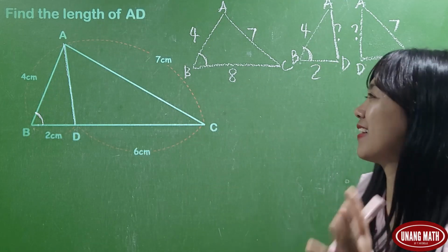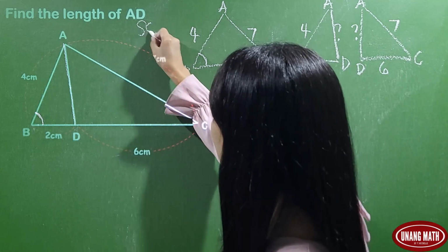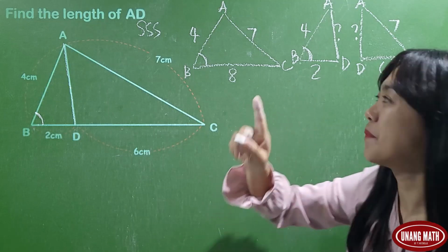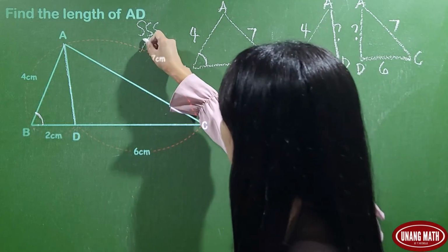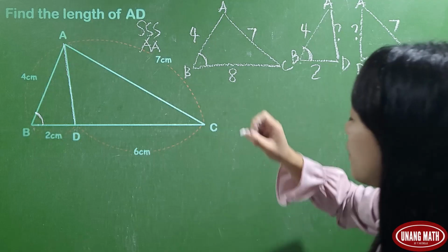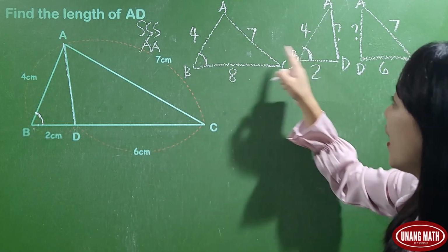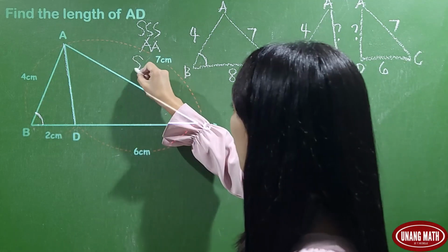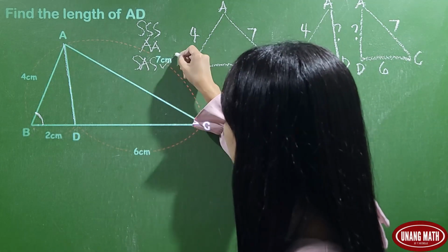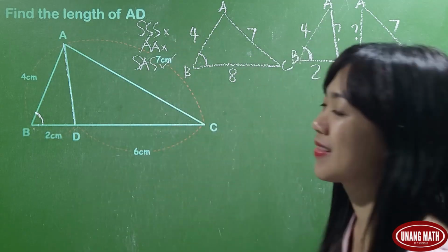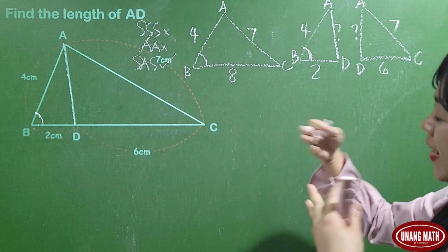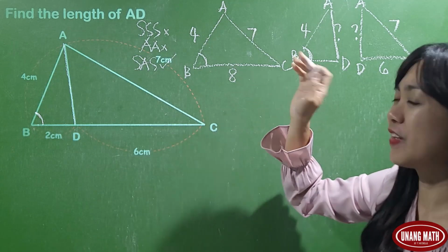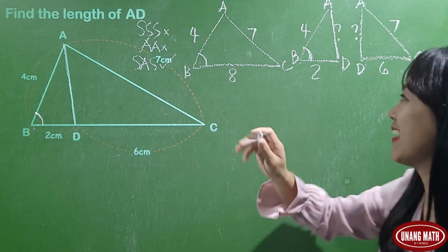Again, we cannot use SSS similarity because one side is not given. We also cannot use AA similarity because we only have one pair of corresponding angles that are equal. So we are going to use SAS similarity.